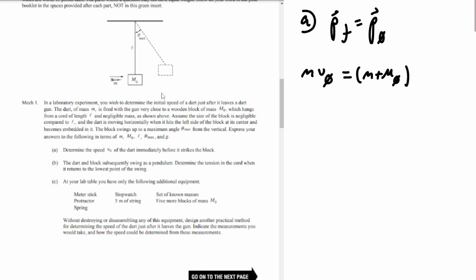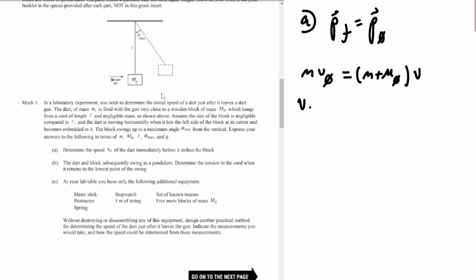Because it becomes embedded, this is an inelastic collision, and I'm allowed to use conservation of momentum because the two stick together. So momentum has to be conserved. But m plus m naught is the two as a system that move together with a velocity final v. You could write it with individual momentums, but this is what it simplifies to. I'm just skipping that step.